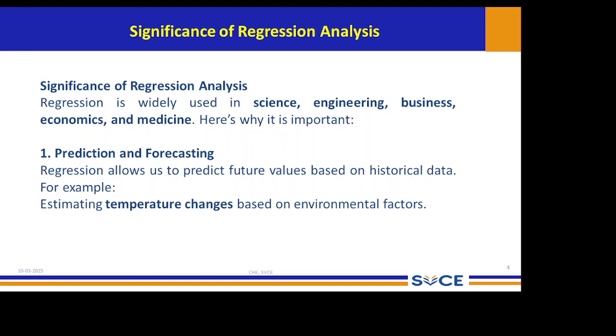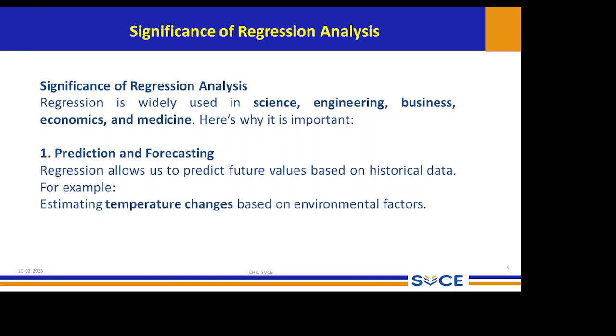The first important significance is prediction and forecasting. Regression allows us to predict future values based on historical data. For example, estimating the temperature change based on environmental factors. Let's imagine you have a polluted area. People have been talking about global warming, higher carbon footprint and fugitive dust emission in a particular industrial area.